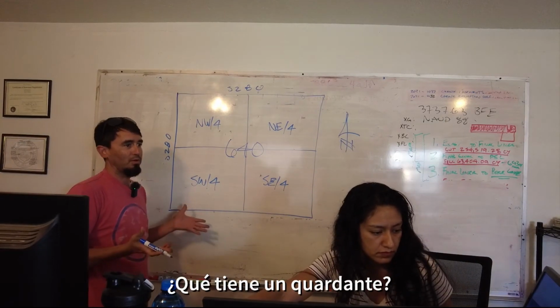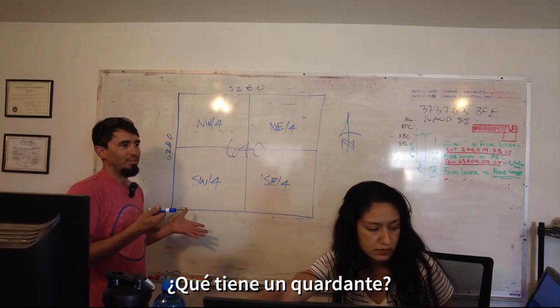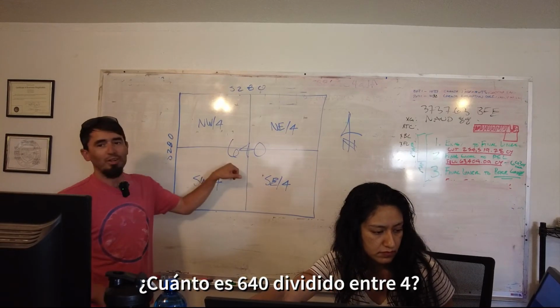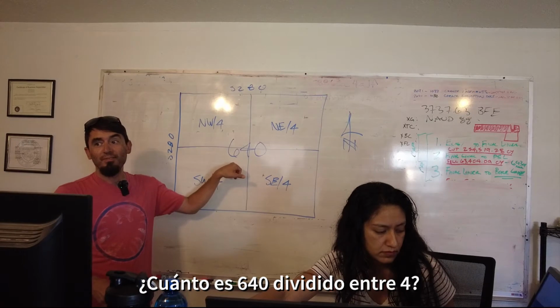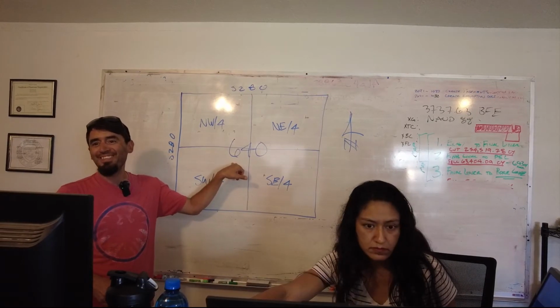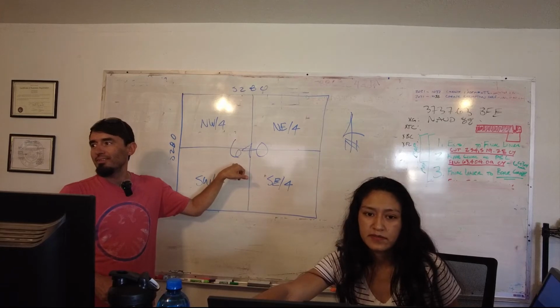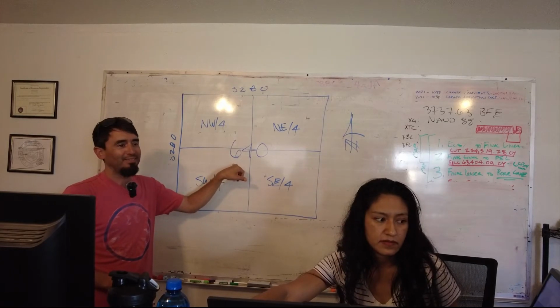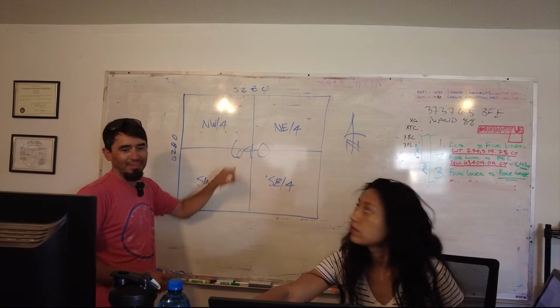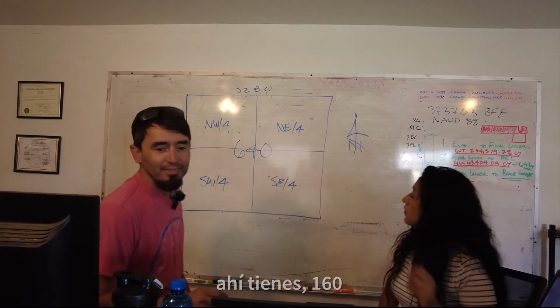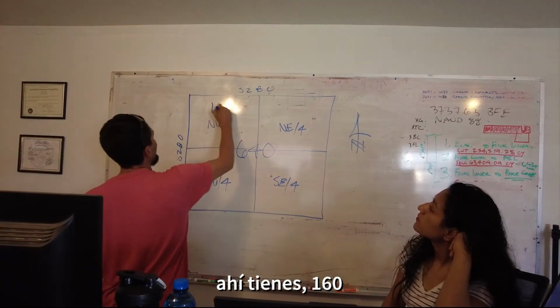What does a quarter have? Lillian, do you remember this? What's 640 divided by 4? Anybody? No? Ramiro? 640 divided by 4? I'm not going to do everything. 160. There you go. 160.